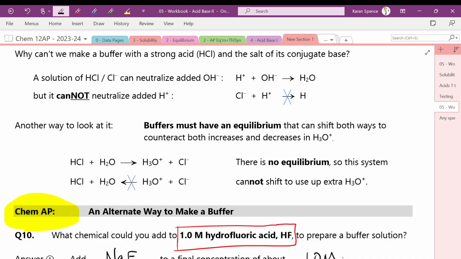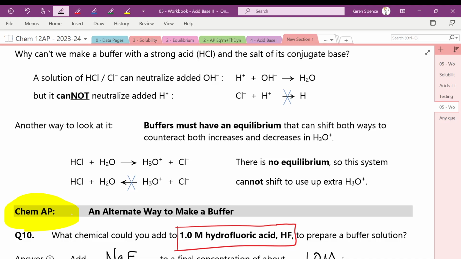Bam! We could add some OH. How would we get OH? It would be in the form of sodium hydroxide, because do you remember what happens? If you add sodium hydroxide to HF, you'll neutralize maybe half of it, right? And now half of the acid is unneutralized and half of it has been converted to its conjugate base.